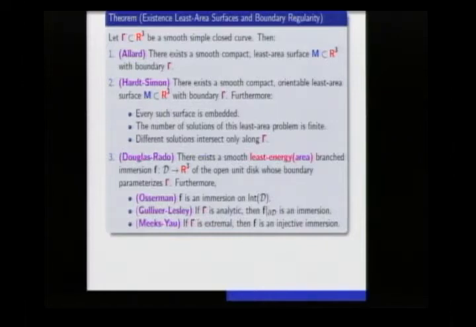The first property was proved by Osserman, actually many years after Douglas and Radó had solved this. He proved that the surface is in fact an immersion on the open disk. And I think I can remember the idea of the proof. So in general, one has what are called branch points.